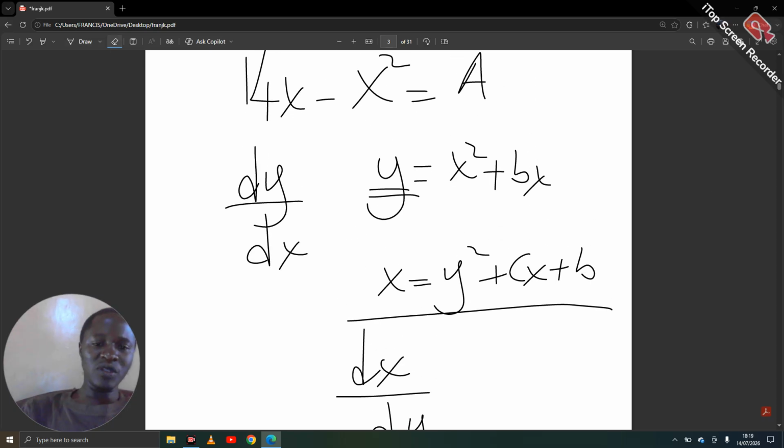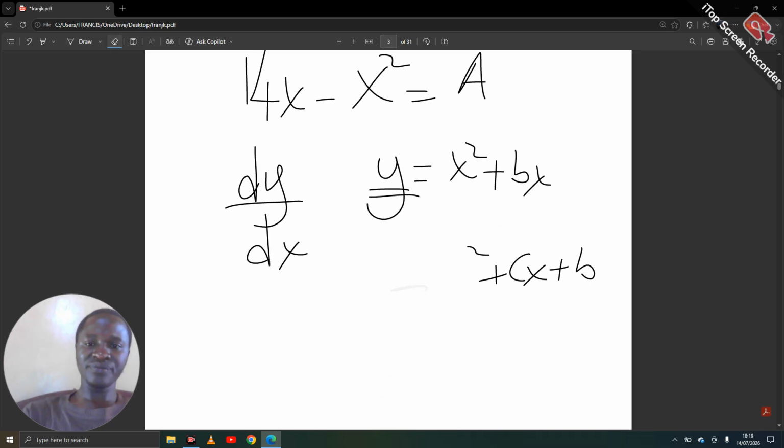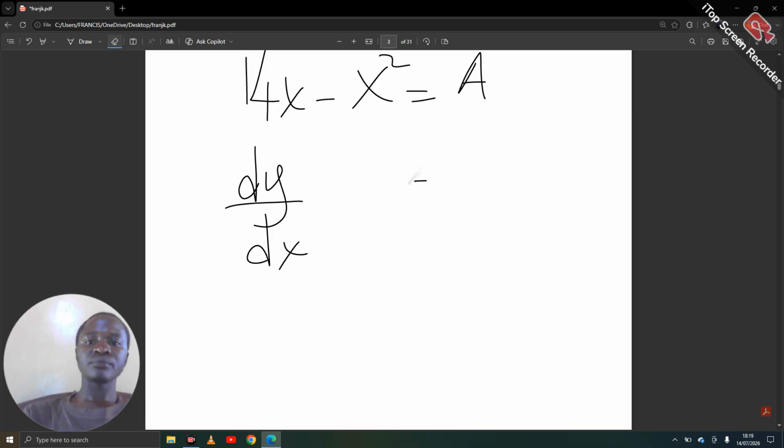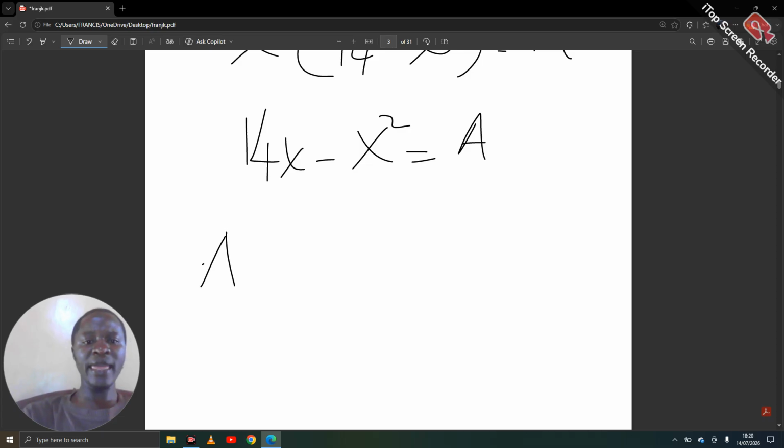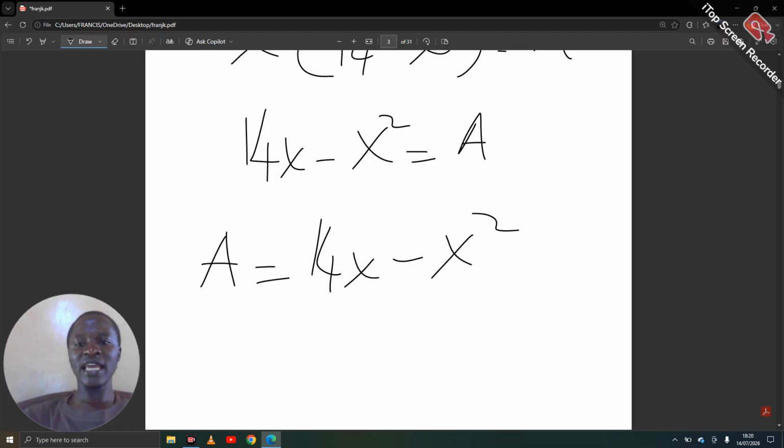So there is something I want to show you with that. Remember, here we have A is equal to 14x minus x squared.